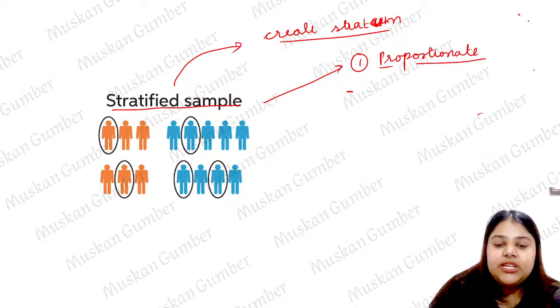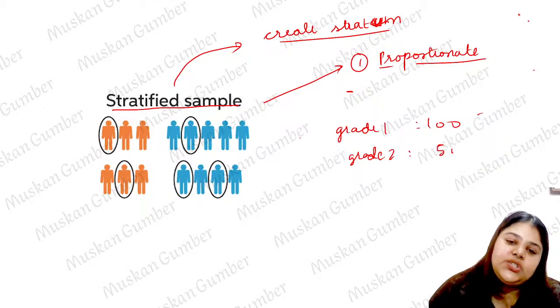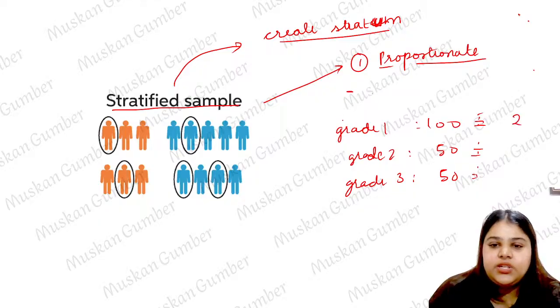Now what I will be doing here, for example, if grade 1 has 100 students, grade 2 has 50 students, grade 3 again has 50 students, I will be creating a ratio of 2:1:1.